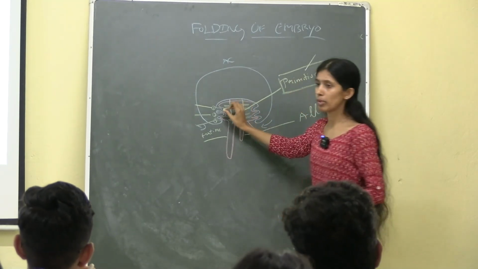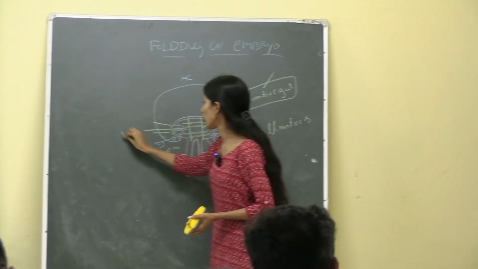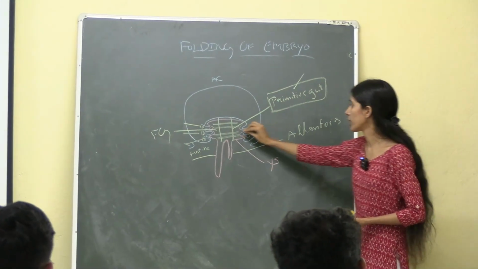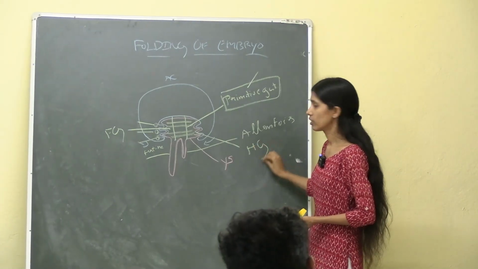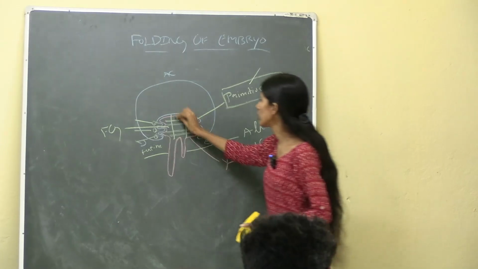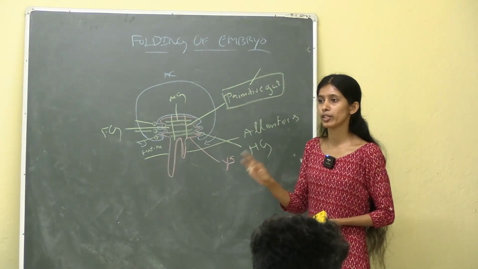The part which is closer to your cranial end is called foregut, and the part which is closer to your caudal end is called hindgut. The area present between the foregut and hindgut is called midgut. Okay. This is one way to classify.